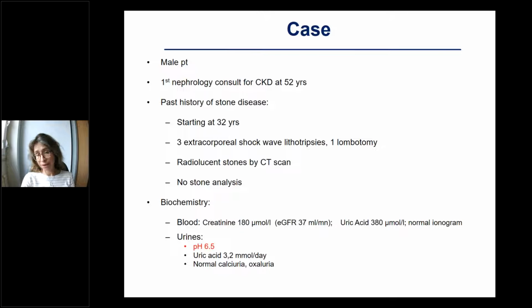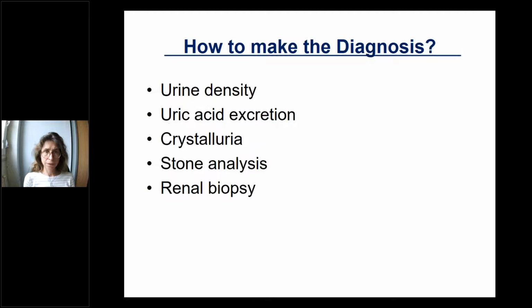When he arrived in our department, creatinine was 180 micromole per liter, the eGFR 37 milliliter per minute. Uric acid was 380 micromole per liter. He had a normal ionogram, and in the urines, pH is 6.5, uric acid is 3.2 millimole per day, and he has a normal calciuria and normal oxaluria. So how should you make the diagnosis now?